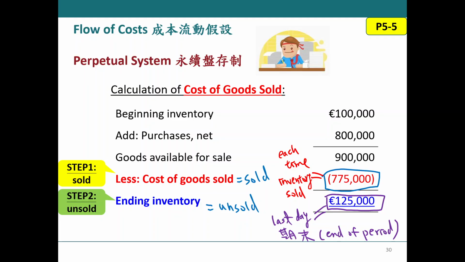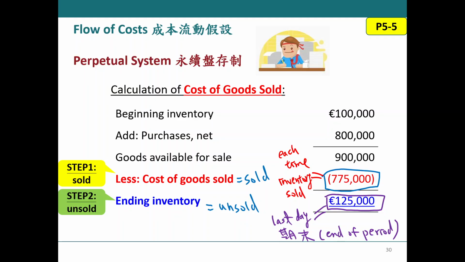So let's go to the lazy guy, periodic 定期盘存制. So maybe you can guess when the lazy guy, periodic 定期盘存制, does the difficult part. When? Last day. Oh, tomorrow we have a quiz. Okay, I don't want to study, but tomorrow we have a quiz.